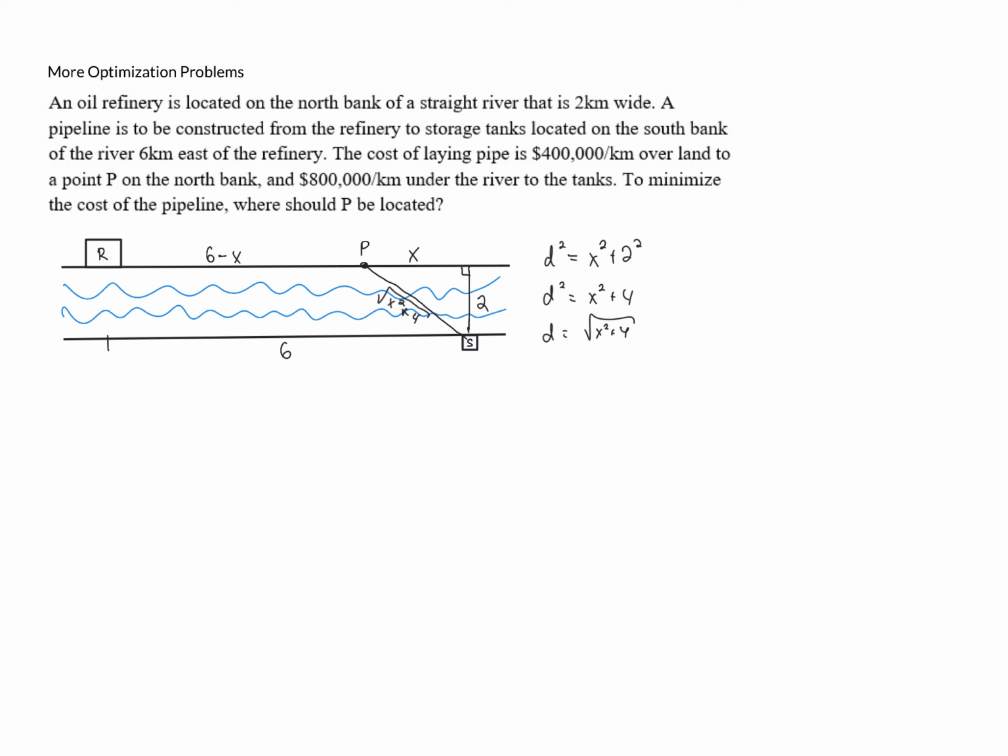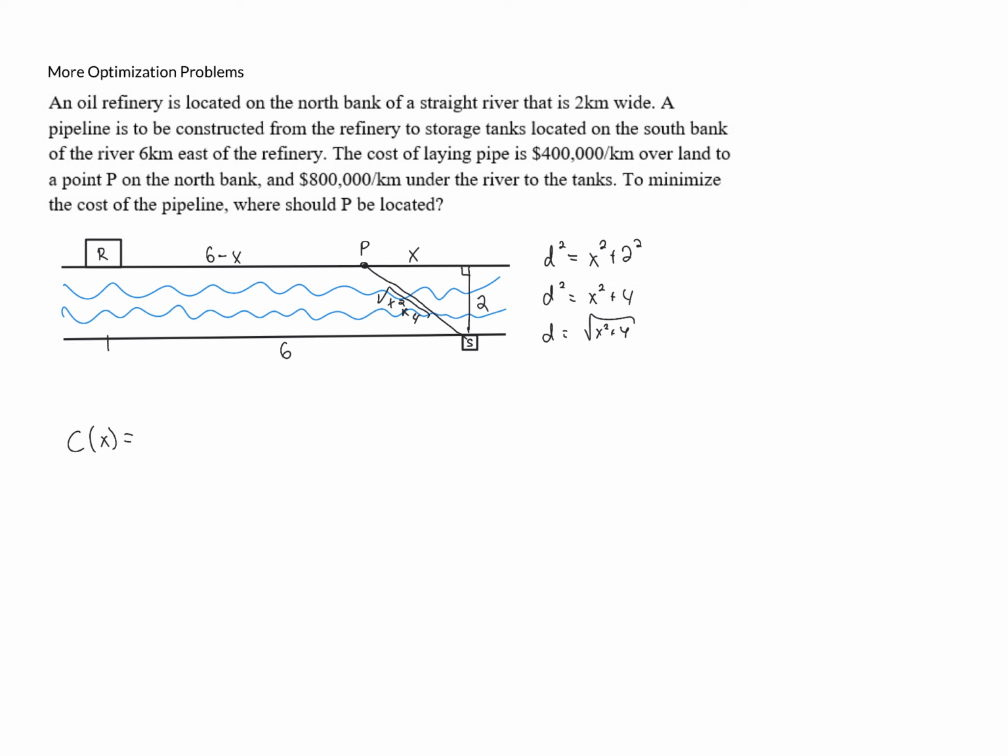So we need to minimize the cost of the pipeline. So we want to know the cost of the pipeline as a function of x, because it does depend on what this length is. Because if we choose a different point for P, that's going to change the distances and the costs.